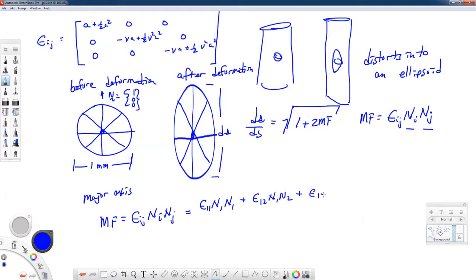We'll go ahead and write out all 9 terms. We haven't done that in a little while. If you notice the way I write it, I tend to write it in terms of a matrix format. Of course, the strain tensor is symmetric. And I'm writing it initially as a non-symmetric term, and then we go back and account for the symmetry later.